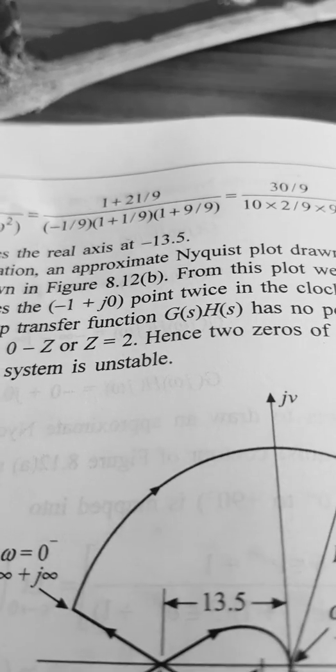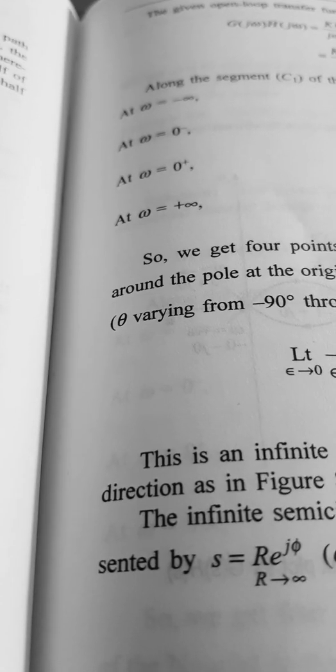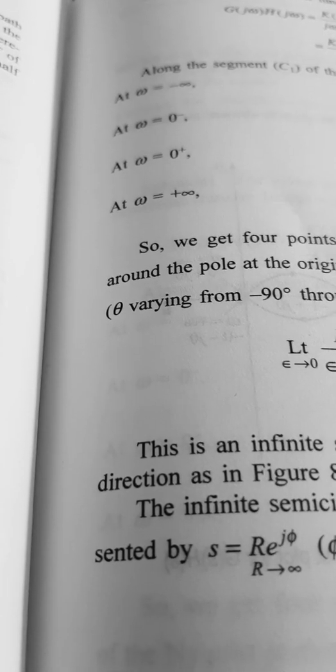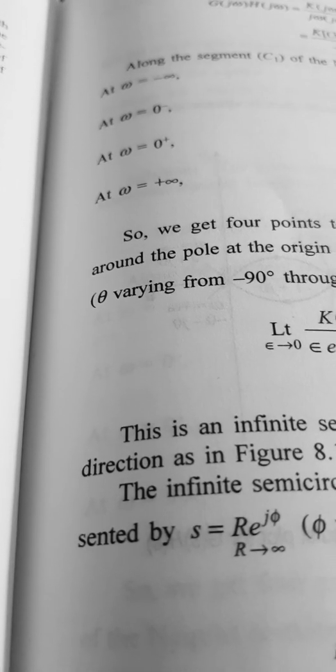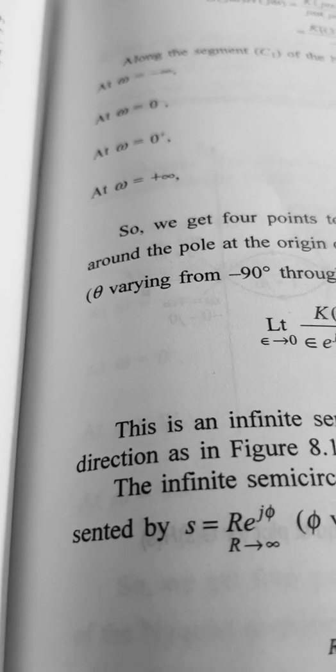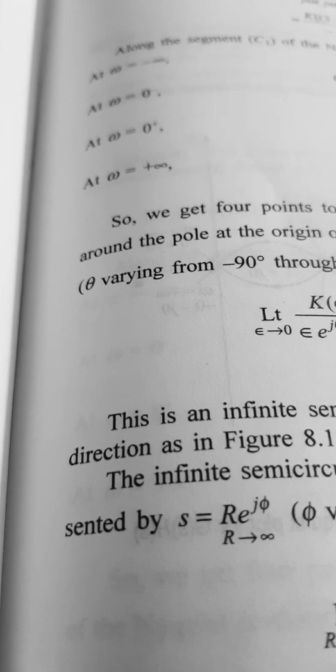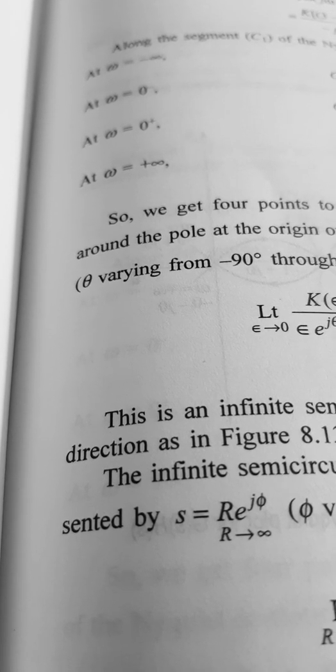So when you are doing like this, what are you getting? You will get 1 plus 21 divided by 9, divided by minus 1 by 9 into 1 plus 1 by 9 into 1 plus 9 by 9.